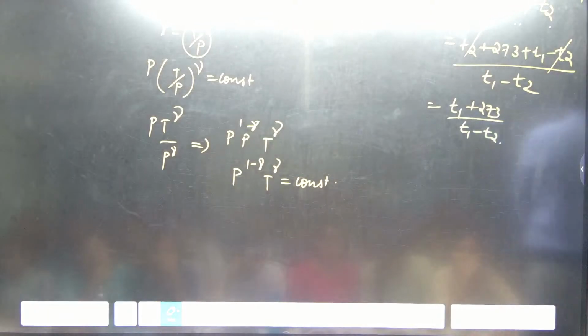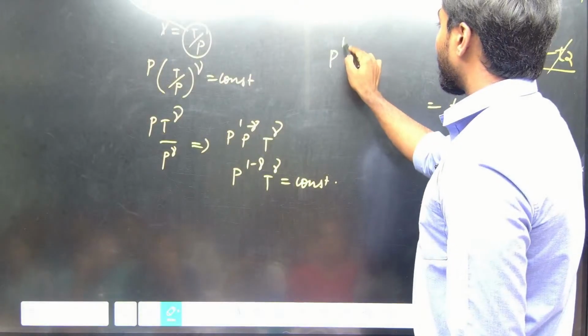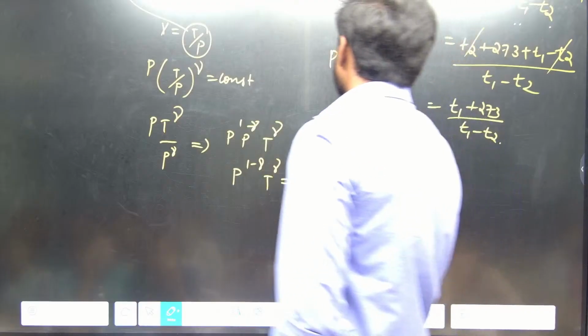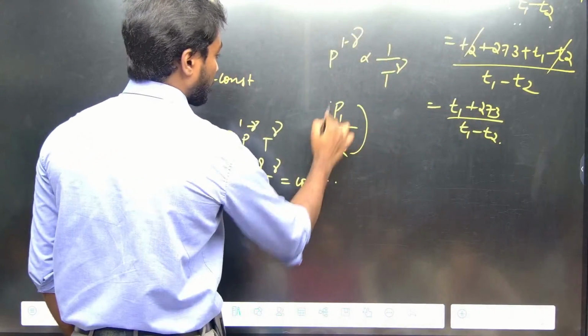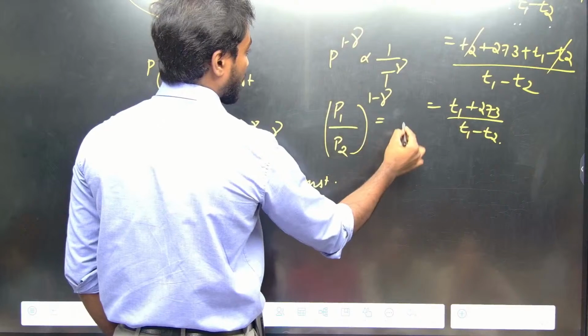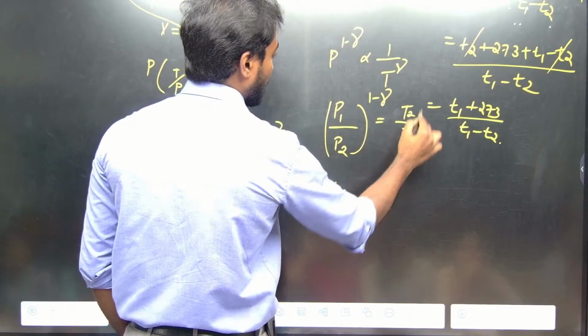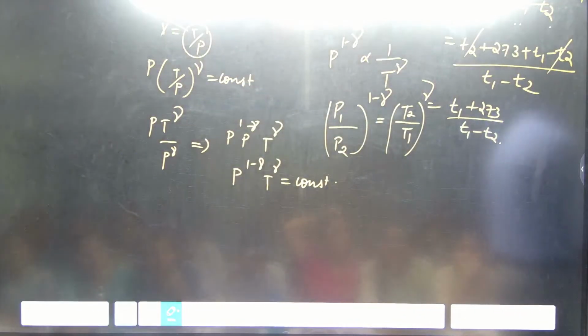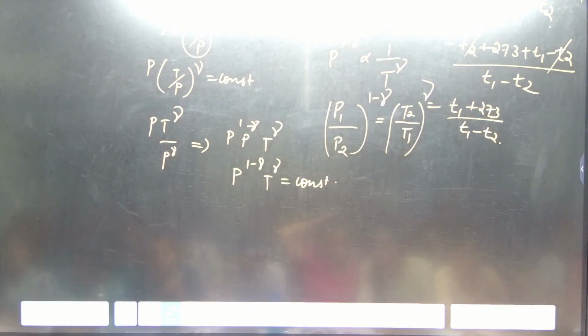Now you write. Which is nothing but P power 1 minus gamma is inversely proportional to T power gamma. So (P1 by P2) power 1 minus gamma will be equal to (T2 by T1) power gamma. What is the value of gamma they have given here? 5 by 3. Substitute the values also.